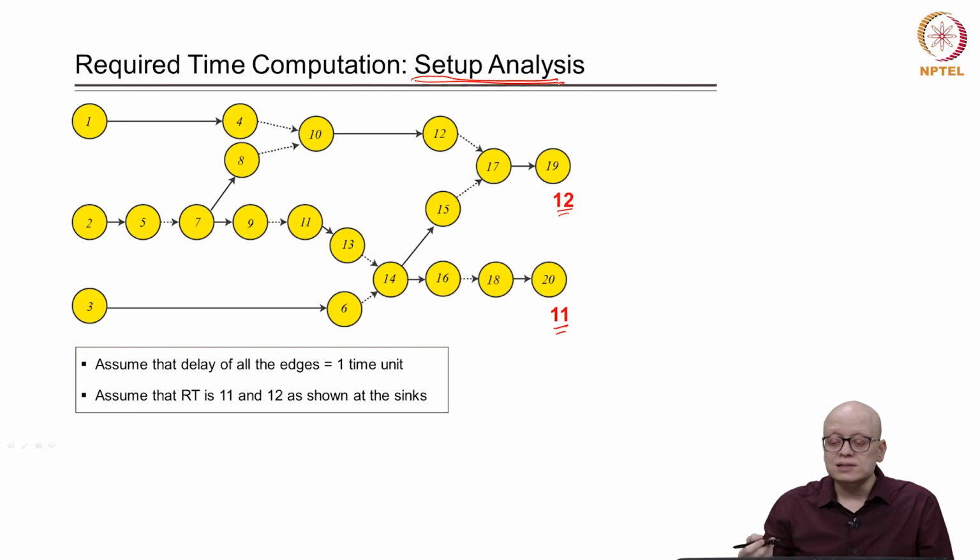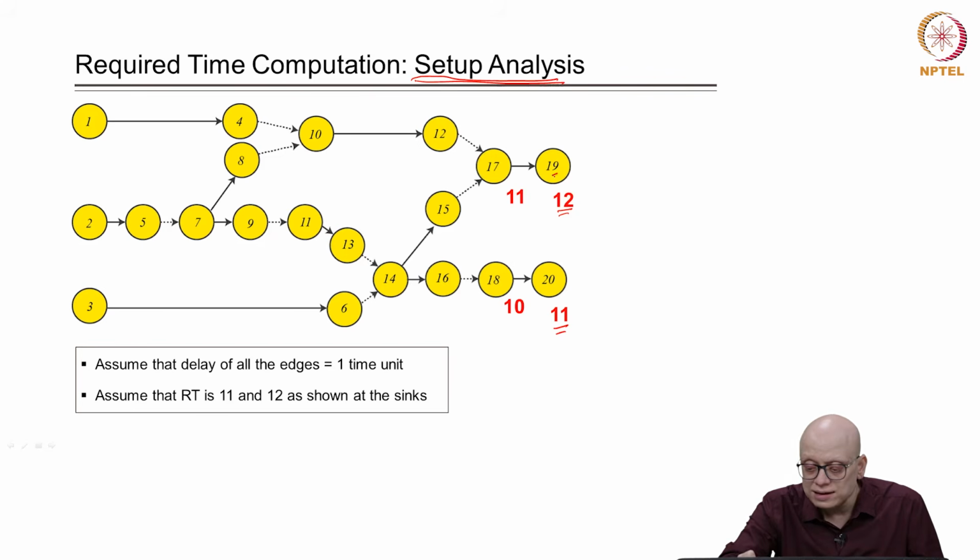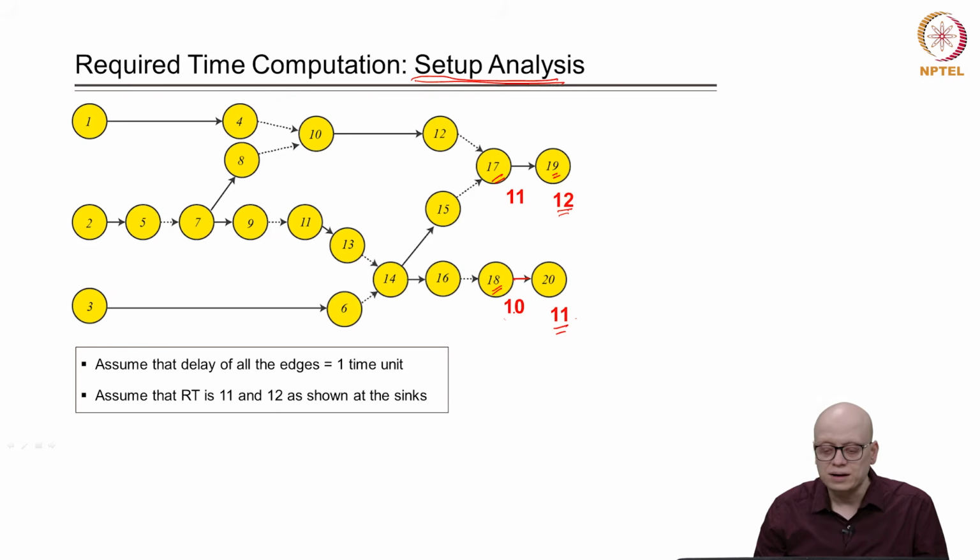Now, for this timing graph, let us see how required time can be computed. If the required time at 19 is 12, then 12 minus 1 is the required time at this vertex. Similarly, the required time at vertex 18 is 11 minus 1, that is the delay of this edge, so the required time is 10.